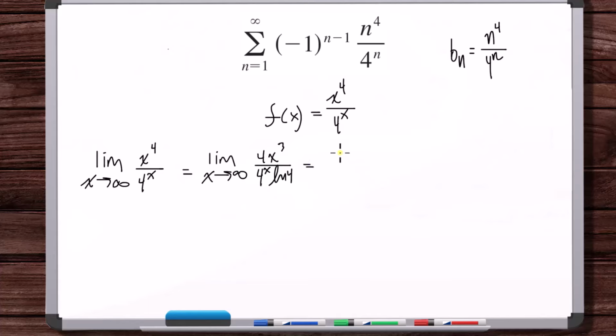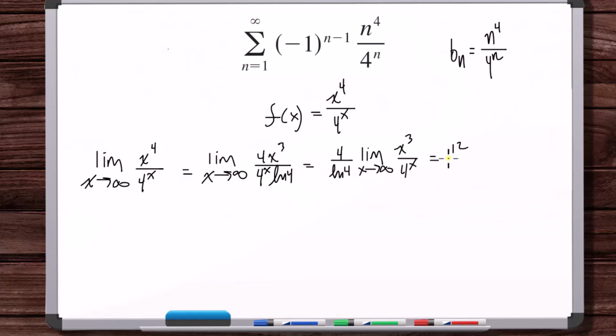Okay, and so that is 4 over natural log of 4, limit as x goes to infinity of x cubed over 4 to the x. That's infinity over infinity, so if you do L'Hopital's rule again, we'll get 3x squared over 4 to the x natural log of 4. So bring those constants out.